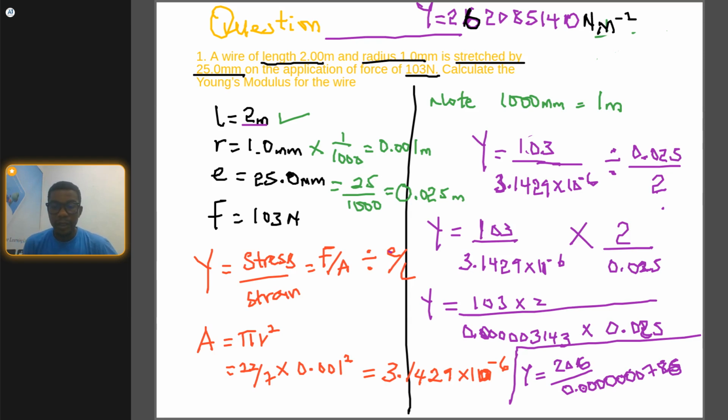We're about rounding up the class. Okay. Thank you for that. Yes. So the Young modulus is 262085. Okay. If I'm going to cut that as a whole, let's have it. So we are having this value.